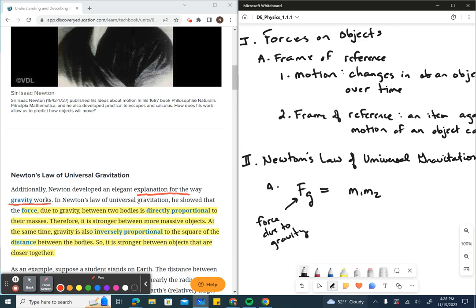So if the mass of m1, object 1, or m2, object 2, increases, then the force of gravity between them is going to increase.